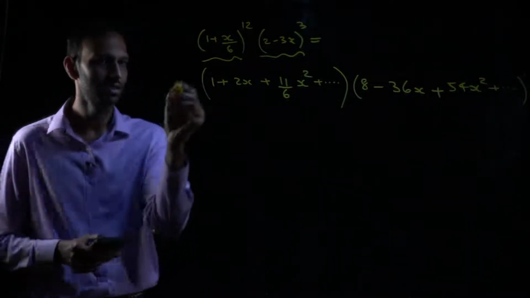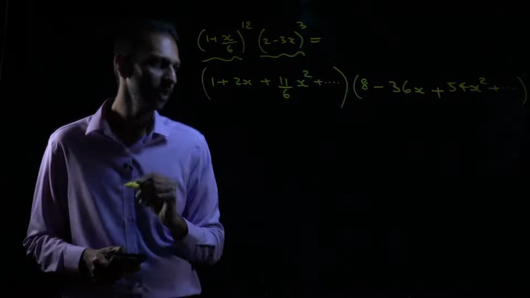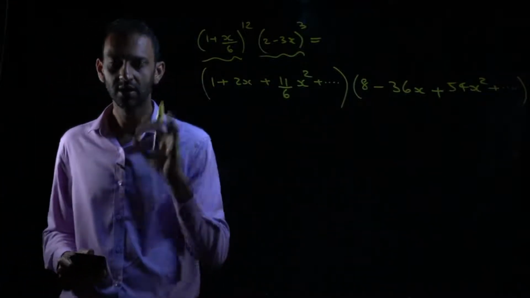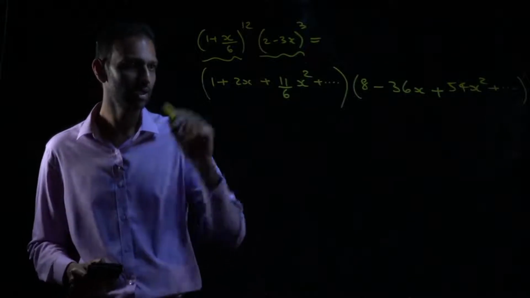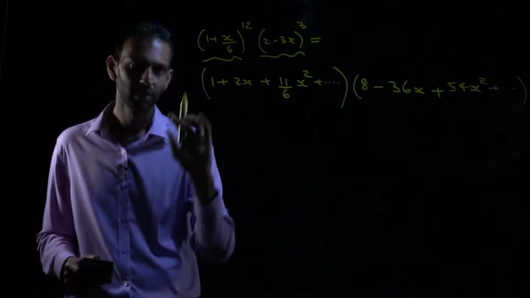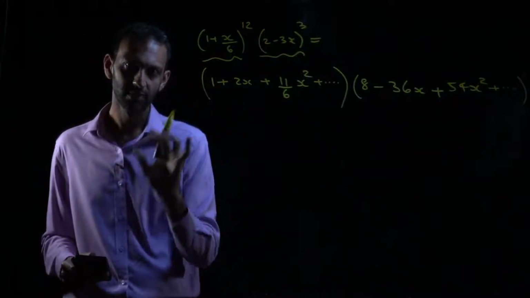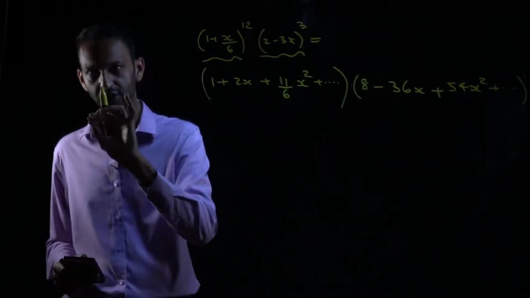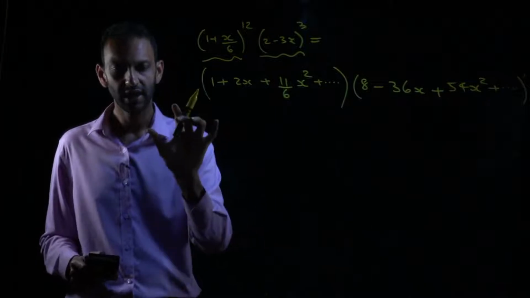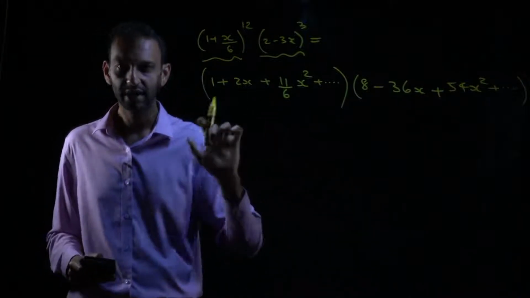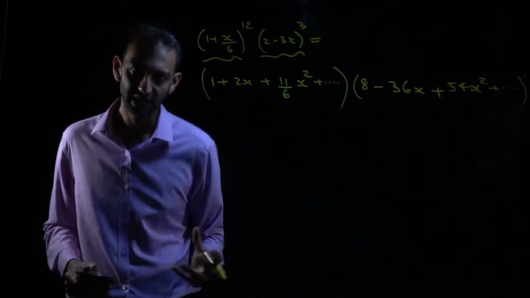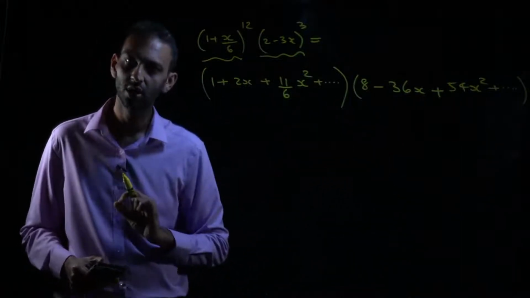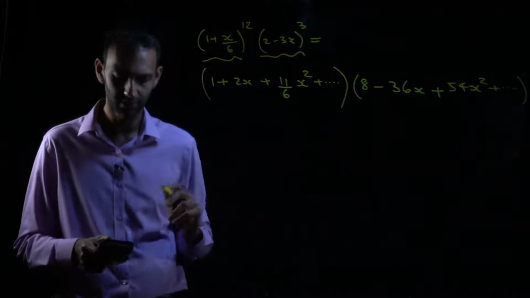Now, let's continue. What we need to do, we need to expand. But we need to expand intelligently. Why should we expand intelligently? Because at the same time, we group the like terms, x, x squared, and constant term. So we'll expand by taking first the constant term, then collect the x together, then collect the x squared, because it saves time in the exam and you don't get confused when you're simplifying the whole binomial expansion.